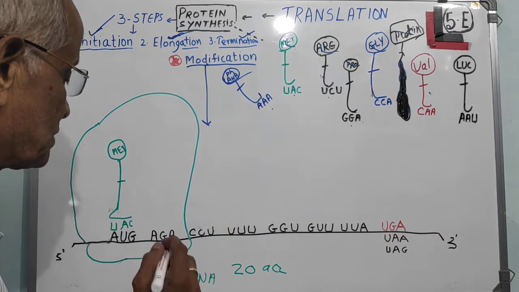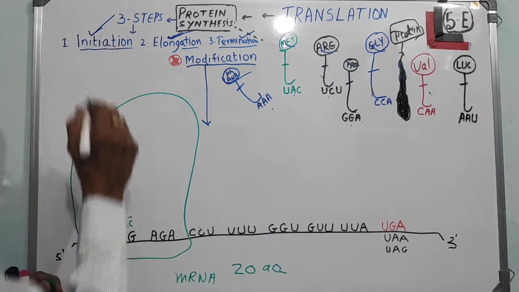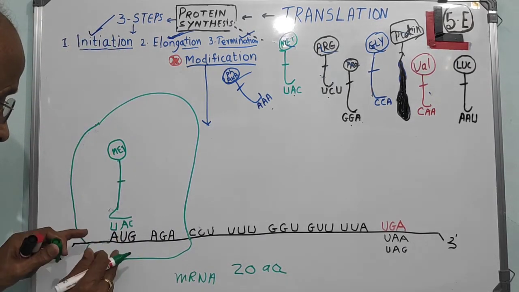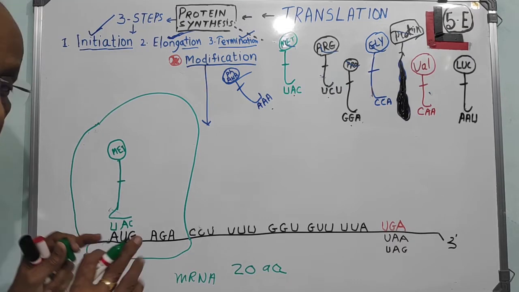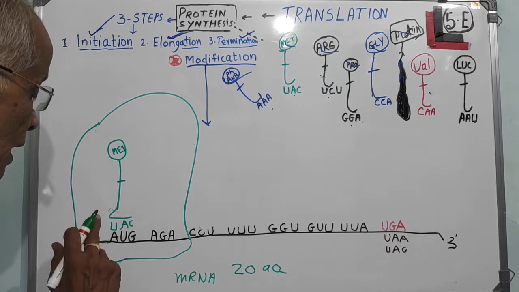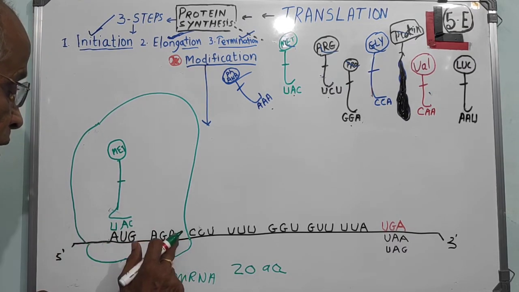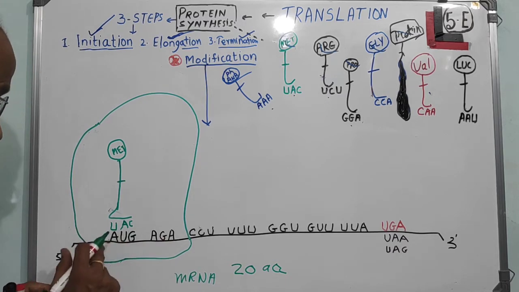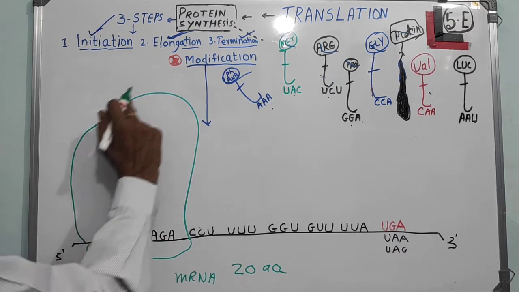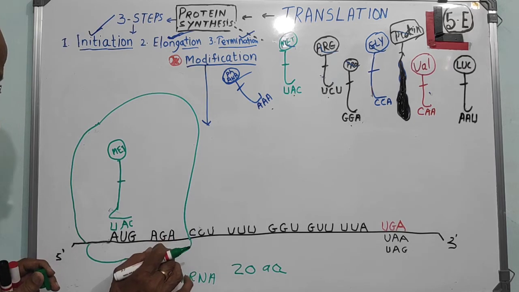So what happens, we discussed yesterday, initiation is a process where the smaller unit of the ribosome first binds itself to the mRNA molecule, and then the larger unit also joins with that.